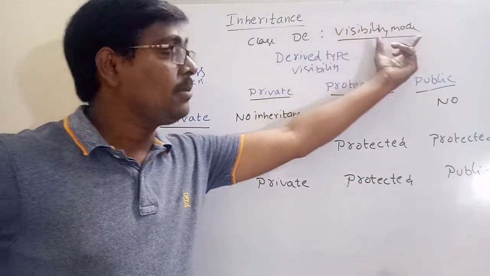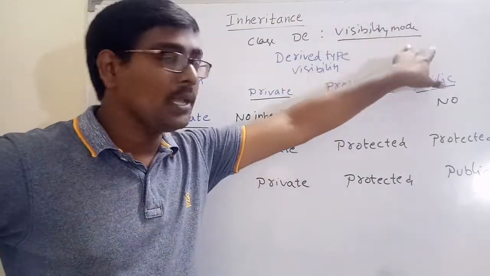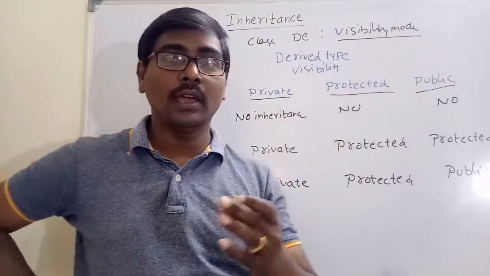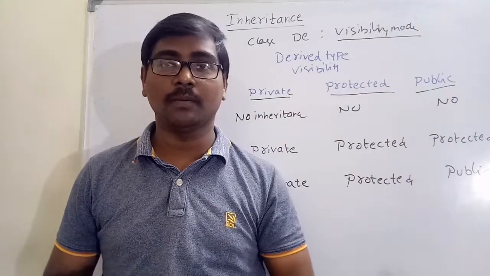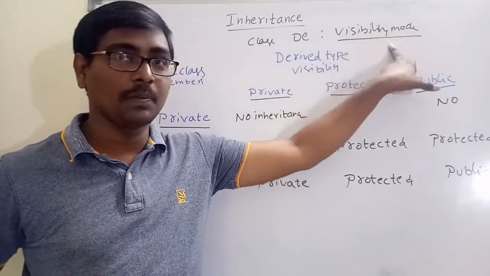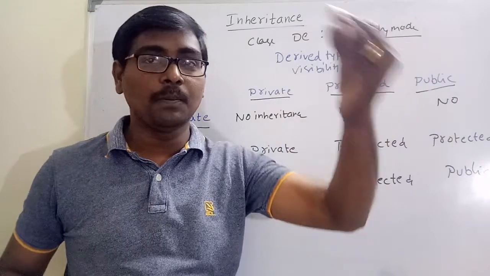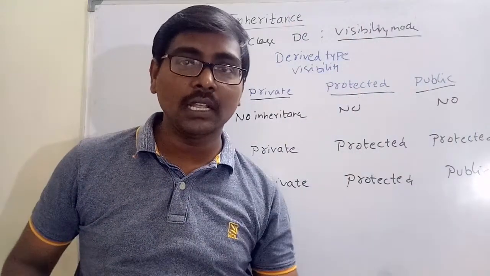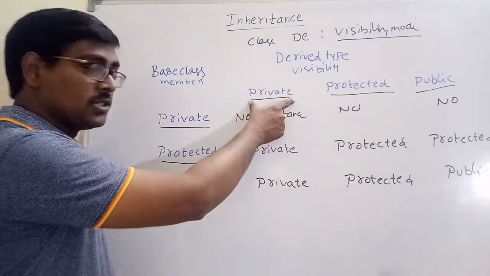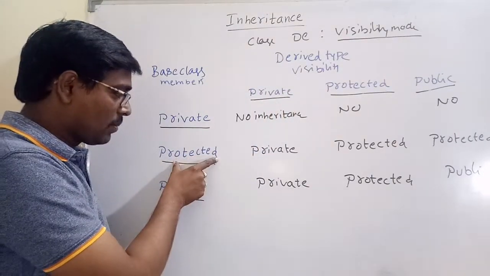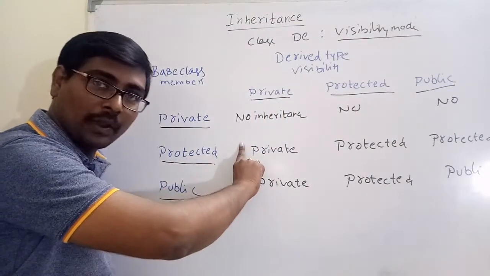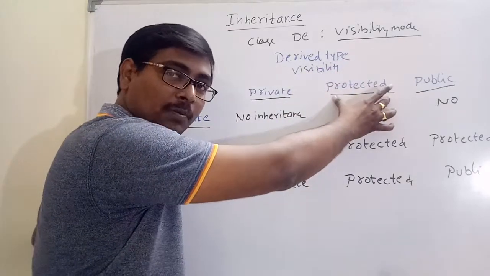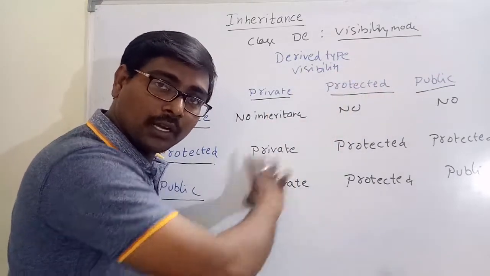At the time of inheritance, on which type are we inheriting? Suppose the visibility mode is private: whatever the type, either public or protected, it comes under private. If the visibility is protected, then whether the member is protected or public, it is protected.